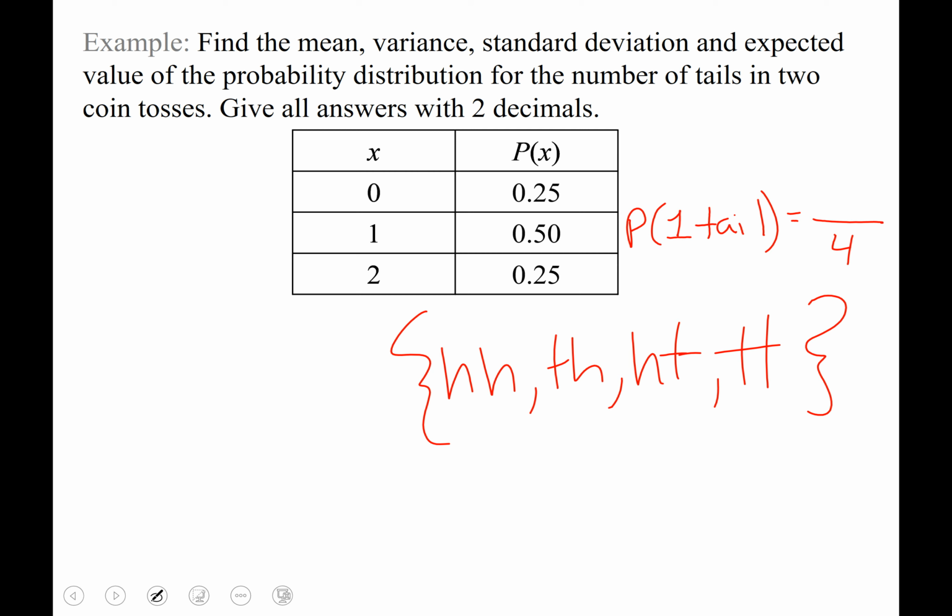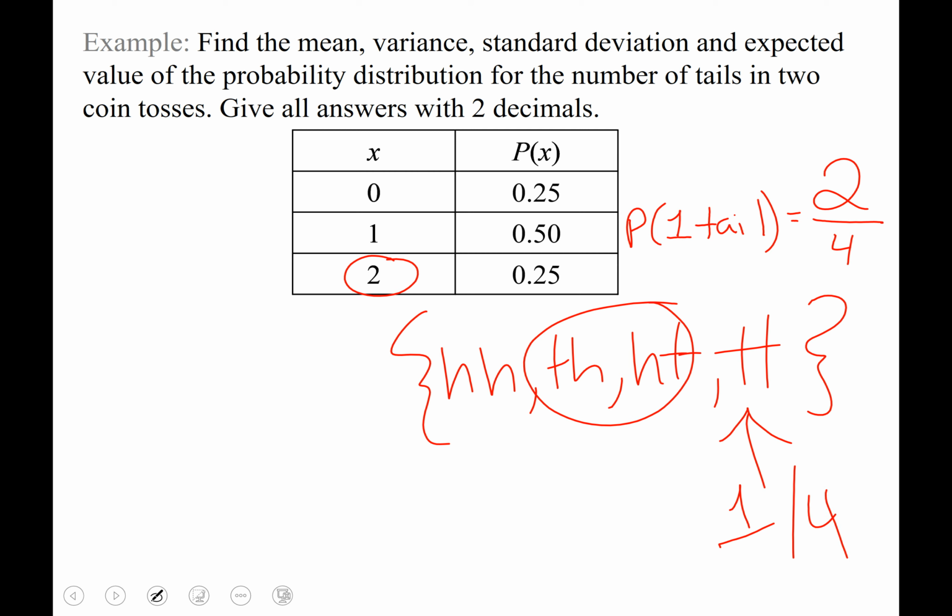So it looks like 2 out of the 4 times, we flip a coin twice and get tails once. Hope it's coming together for you now. The last one, the probability of getting tails twice, is only right here. It's 1 out of the 4 options.